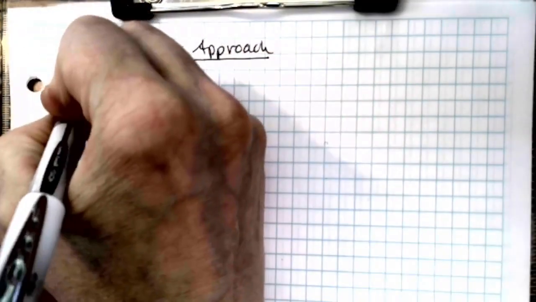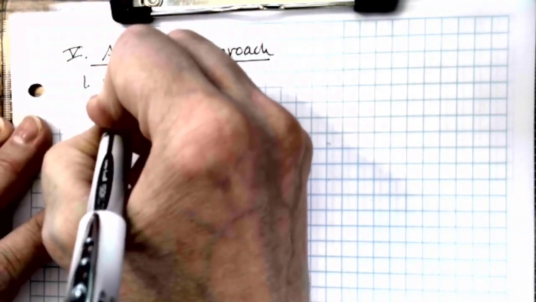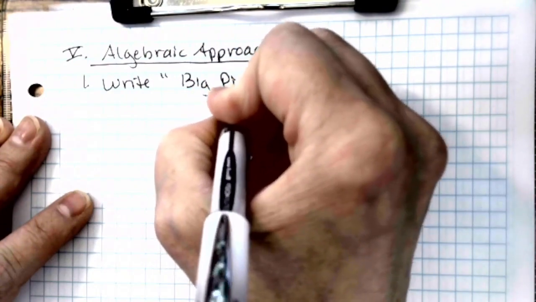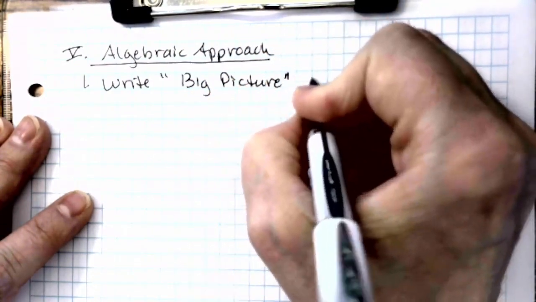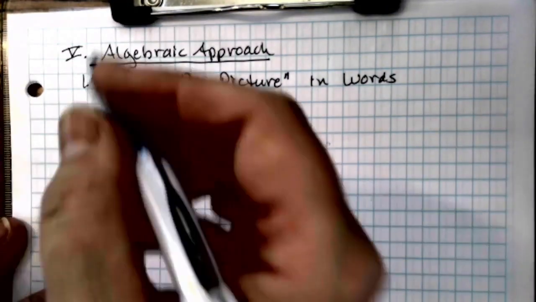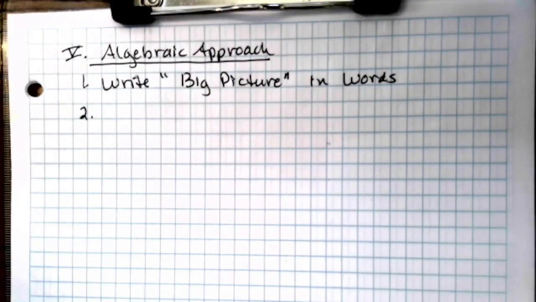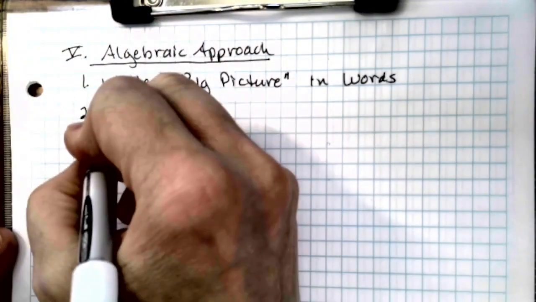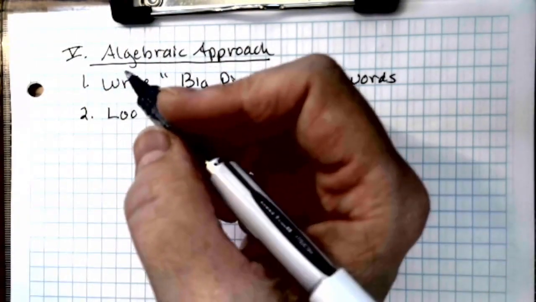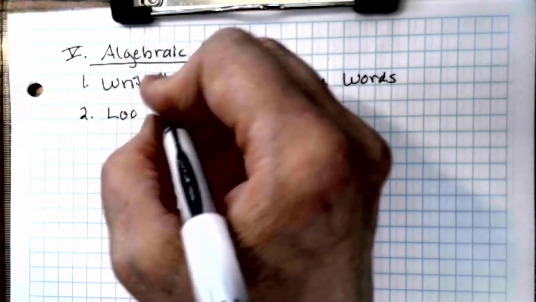Okay, so what is the algebraic approach? Number one, you want to write the big picture in words of what you want to find. Number two, you're going to look for totals.